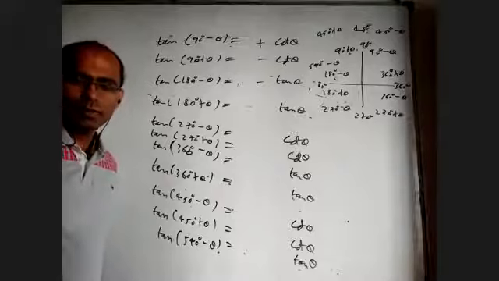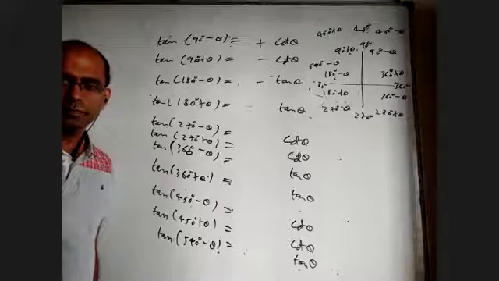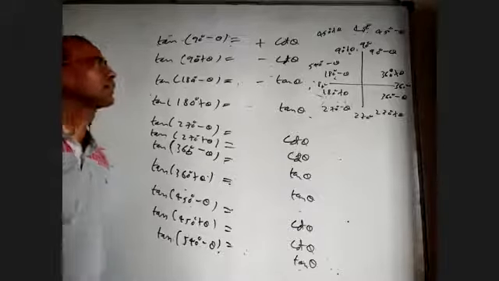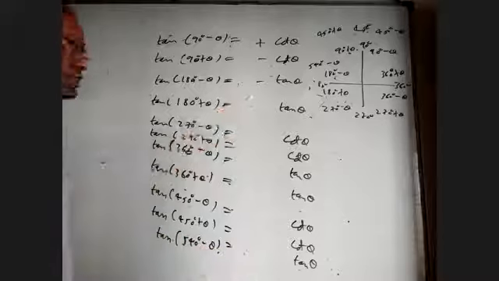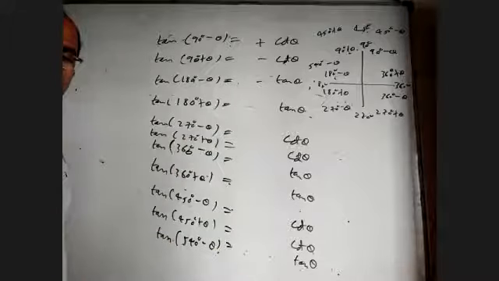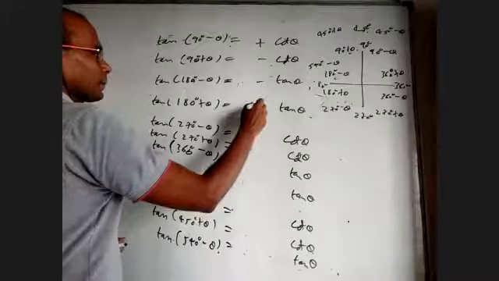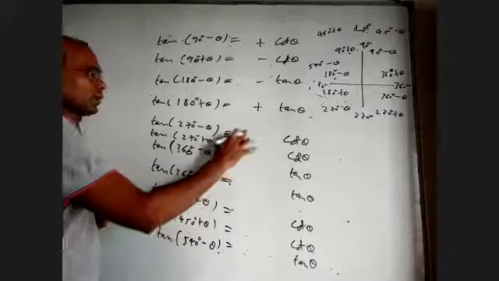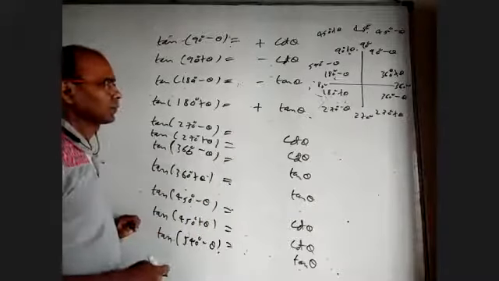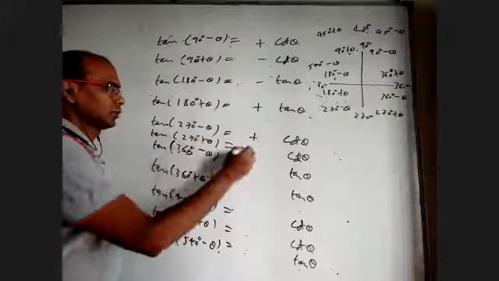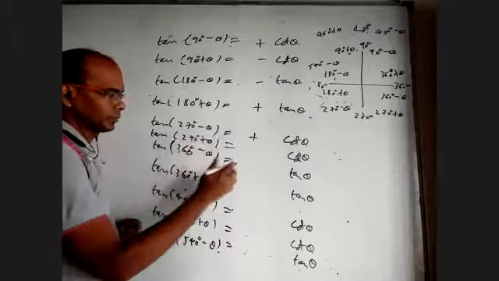Harshita, roll number 375. Why don't you unmute yourself? Yes, sir. Can you tell us the signs here for all these things? Sir, next one is plus. Which quadrant is it? Third quadrant. Then one more plus. Then minus. 270 plus theta, which quadrant?